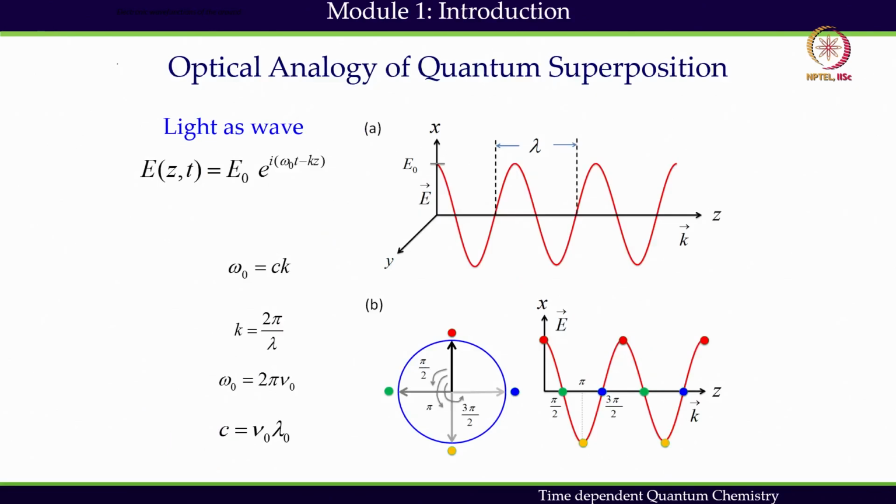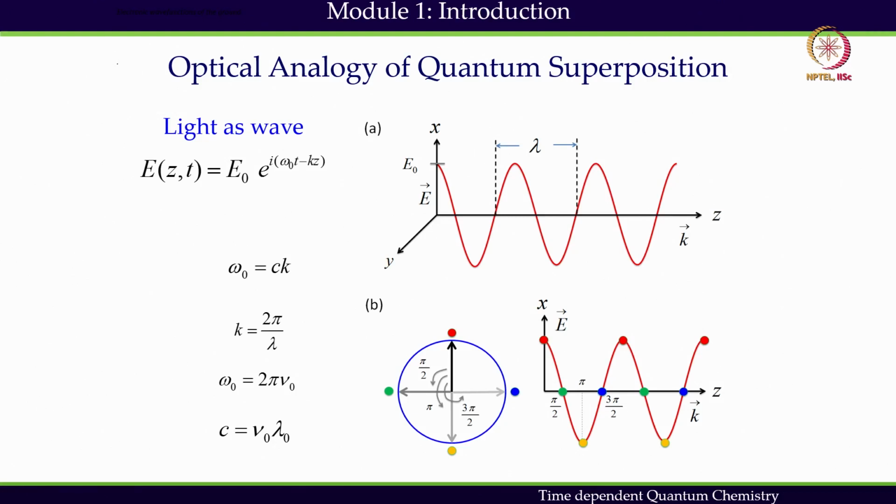So far we have talked about quantum superposition, and in optics we often talk about superposition. By taking superposition of optical waves, that is the plane wave, we can create the pulse, and often we discuss that pulse.